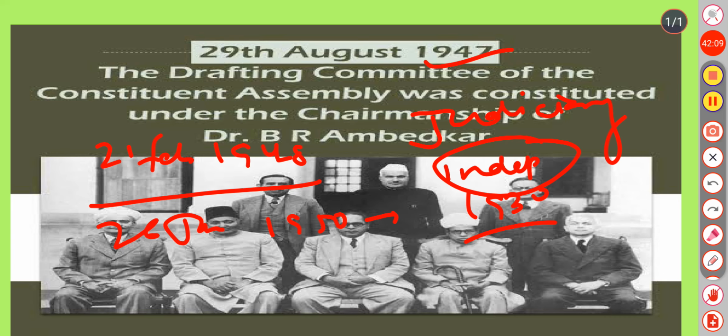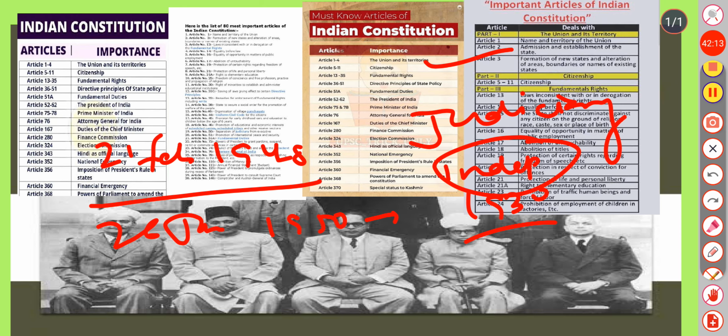So I will discuss some important articles of the Constitution. Part 1, that is article 1 to 4, and the subject is the Union and its territory.